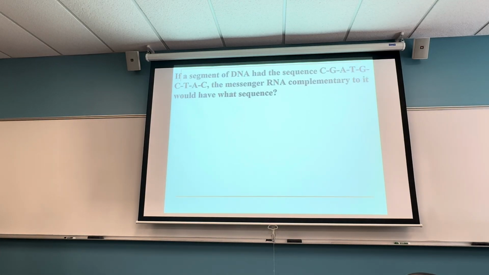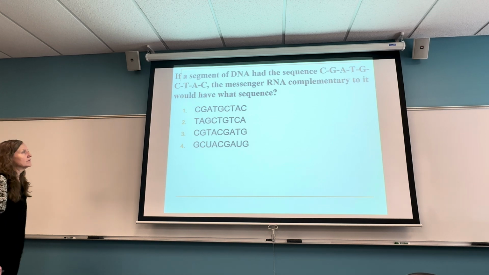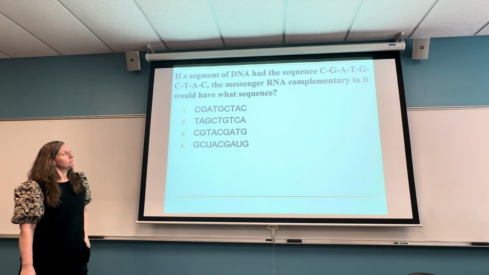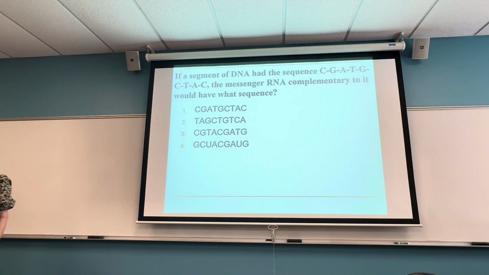All right, now if we have a segment of the DNA that has a sequence of that, the messenger RNA complementary to it would have what sequence? So again, I'm going to start out looking at C complements G. Nope, nope, nope.